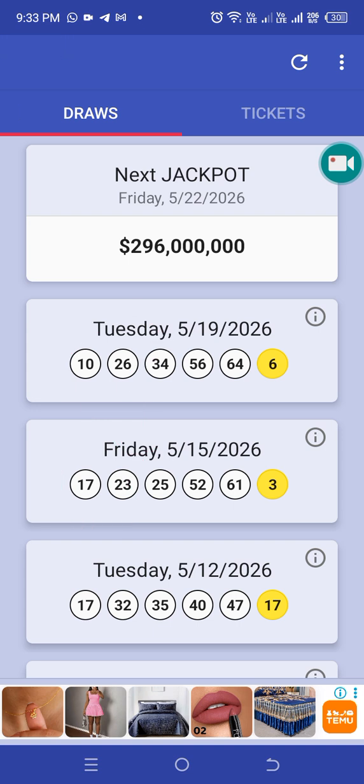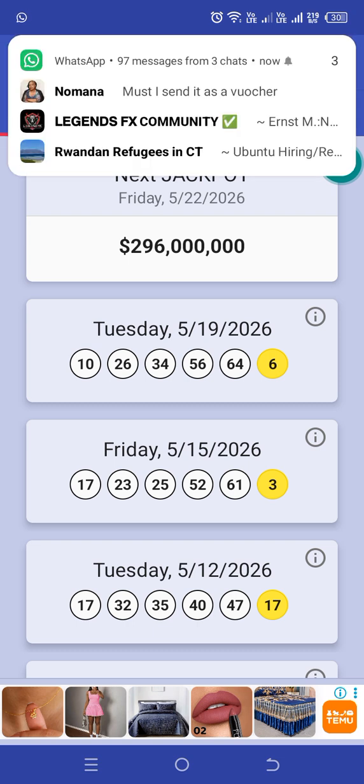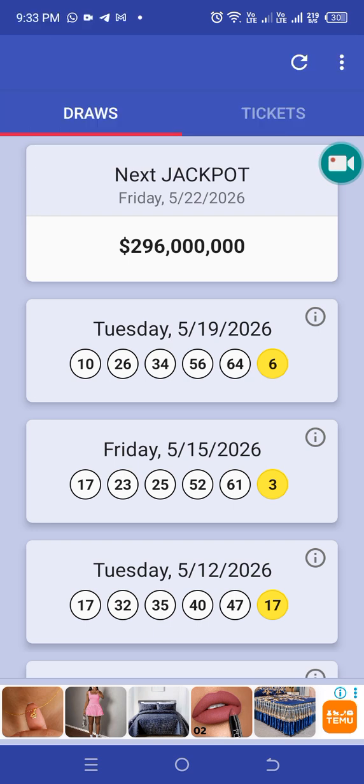Another way to win Mega is to add all the numbers together. When they say 40 plus 77 plus 61 plus 3, it's equal to 181.